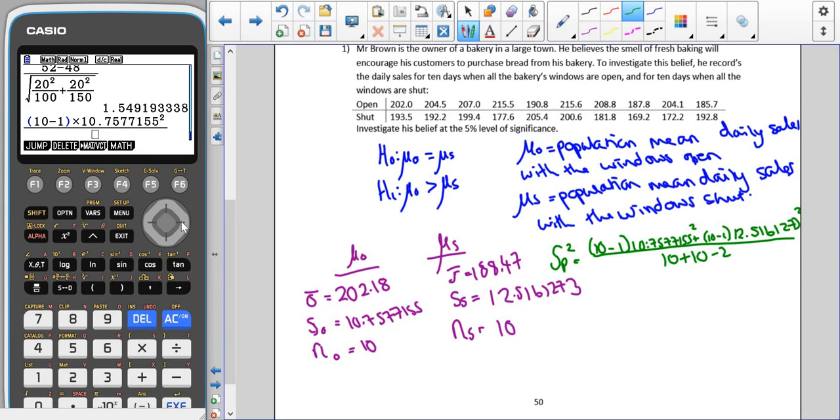And one too many fives, there we go. Plus 10 minus 1 times 12.5161273 squared, divided by 10 plus 10 minus 2.